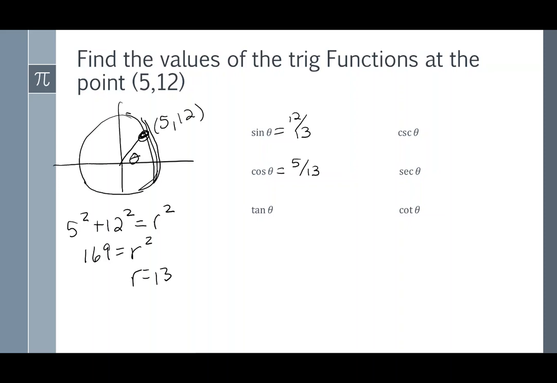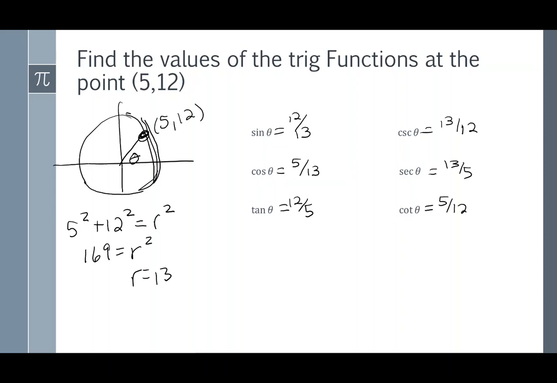Tangent is sine over cosine, so that's 12 over 5. Cosecant, you're going to flip sine, that's 13 over 12. Secant, you're going to flip the cosine, that's 13 over 5. And then cotangent, I'm going to flip over tangent, that's 5 over 12.